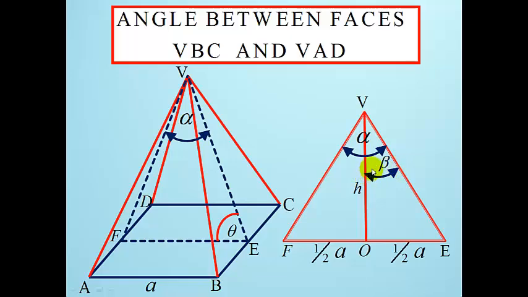But don't forget that we are searching for the angle alpha, but we need to calculate beta first. After calculating the angle beta, we multiply the result by 2, and our alpha is out. Now let's proceed.